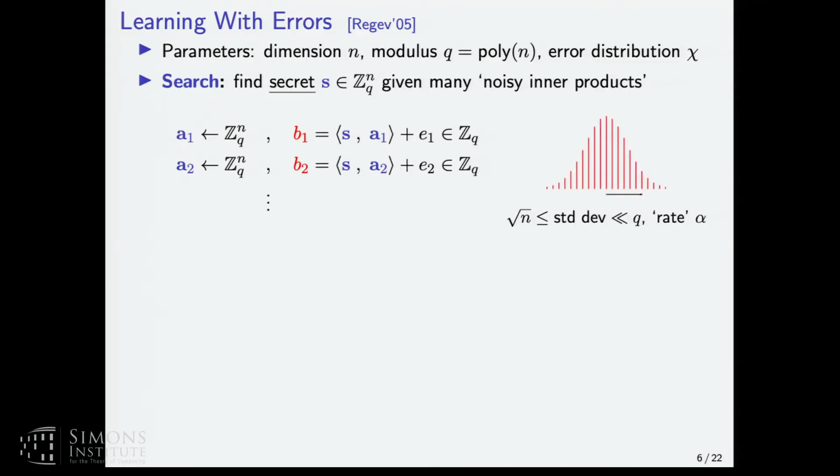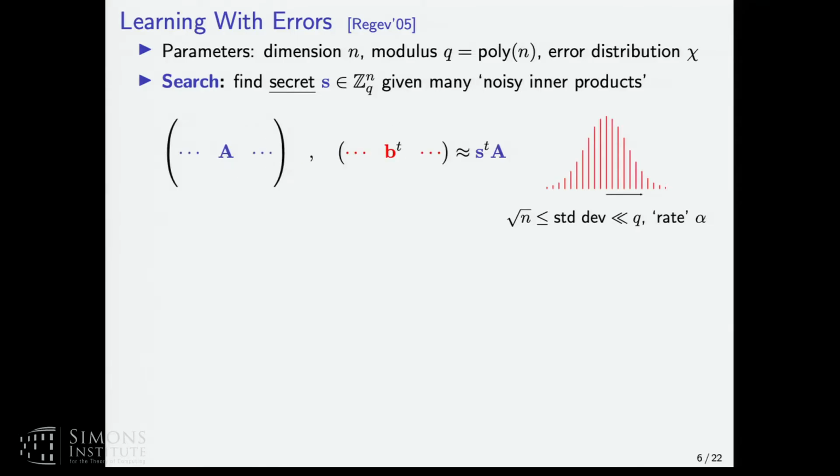Just like we did with SIS, we can bottle up these AIs into a matrix A. The columns of A are the vectors AI from before, but we also have one more thing, which is basically S times A. So we have a row combination of this A matrix. If S takes an inner product with each of these columns, that's like multiplying S on the left as a row vector.